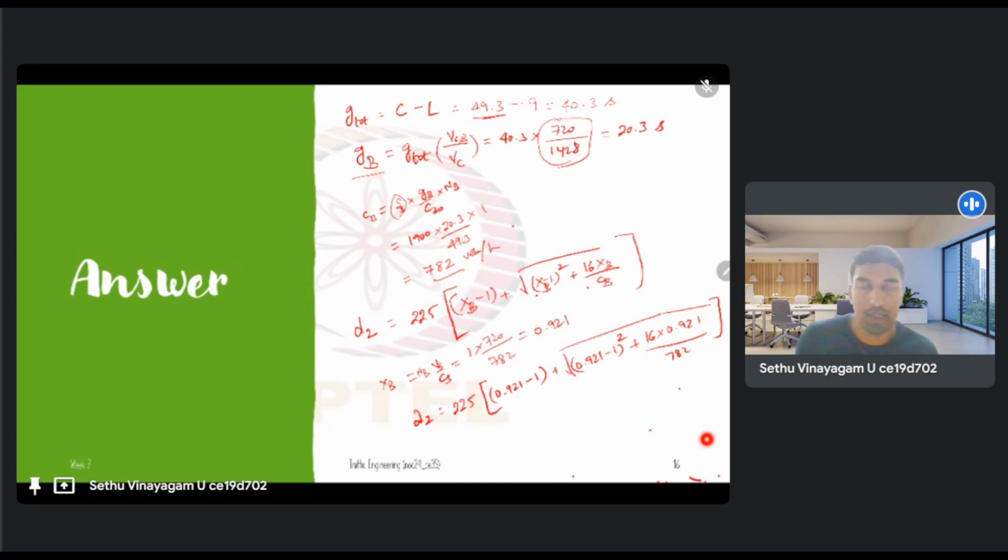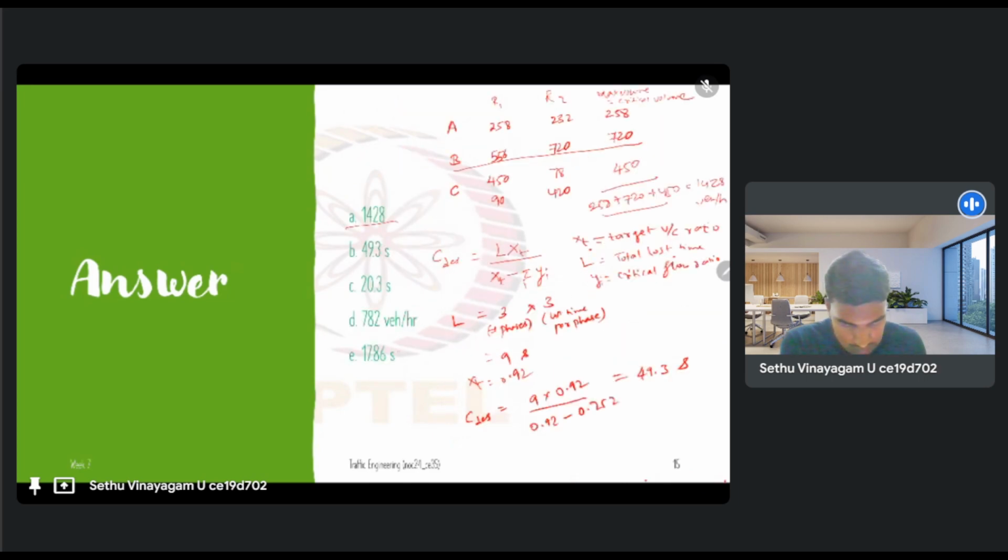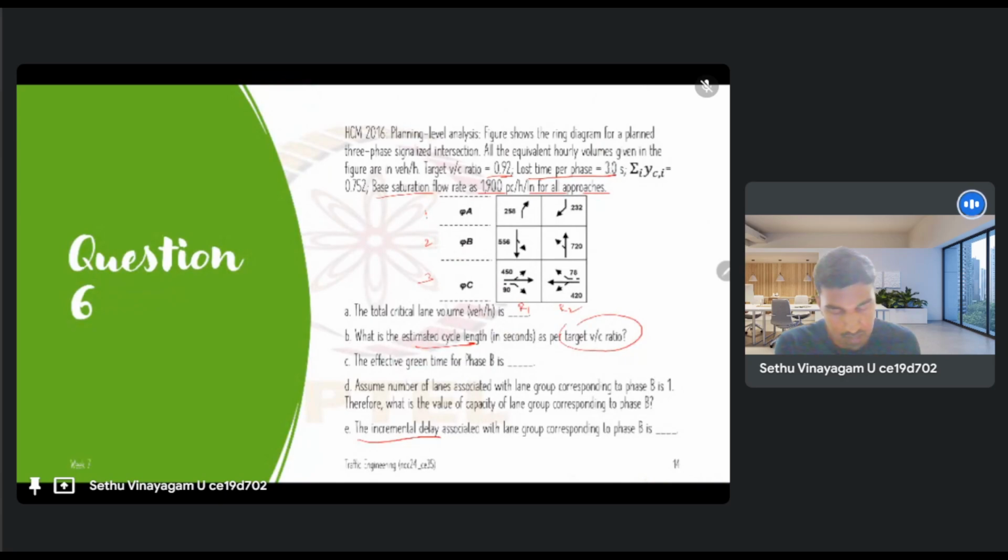Okay, so that is the capacity for lane group B. You simplify that and you will get 17.86 seconds. So this is the incremental delay component; we had the uniform delay earlier, and this is the incremental delay. So we have found all these different components from the planning level.